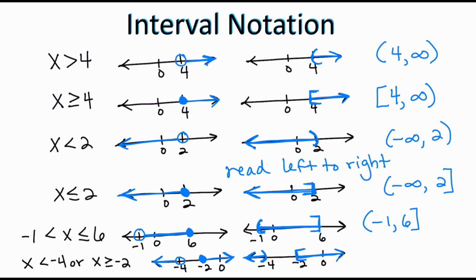So we are going to go parentheses from -infinity until I get to -4, close parentheses because it is not or equal to. I'm going to use U, which is union, for or in this case. And then I'm going to put bracket -2 to +infinity, parentheses. And that's going to be how I write this in interval notation.